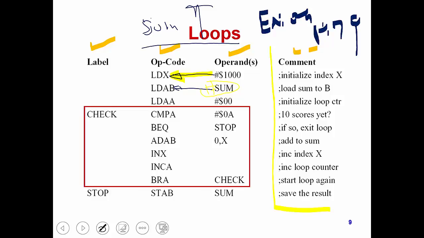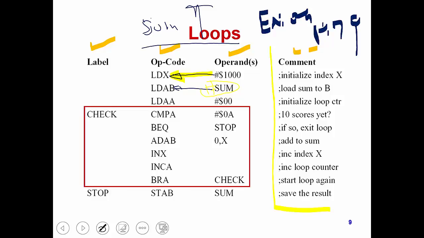I think this one is defined using FCB, which already reserved memory. So for a label, if you already reserved the memory, then we don't need a pound sign. But if you use EQU, memory is never reserved. It only equals something, so we need a pound sign.